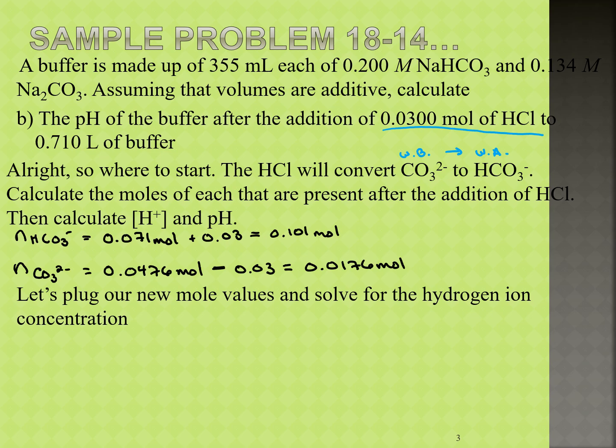So now I have my new ratio of moles. We're just plugging into our equation for solving for a buffer, but now we have a new mole ratio in there.